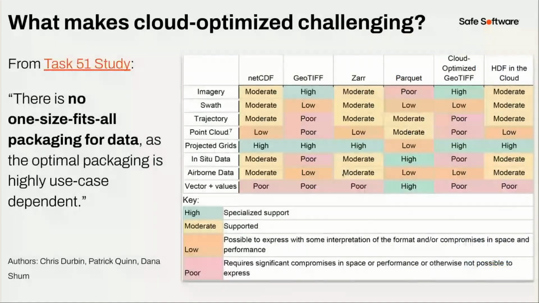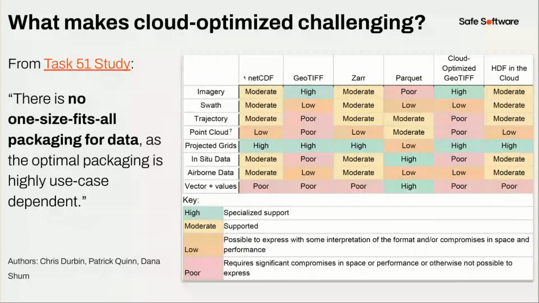So this table is basically an explanation for different data types or imagery types needing different data formats. So these rows, if you are able to see it, are lists of data types. So imagery, swath, trajectory, point cloud, in situ data.